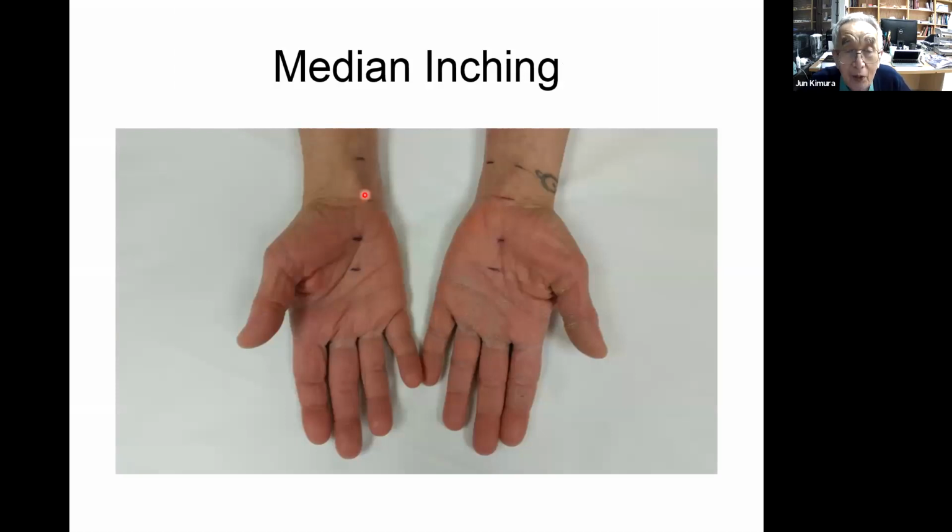Now we know, mostly from ultrasound studies, that when you pinch the nerve, the proximal part of the nerve swells, and this is the extreme case, where it becomes like a cyst.